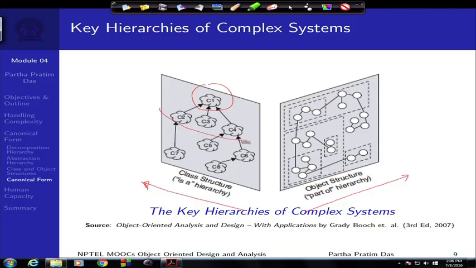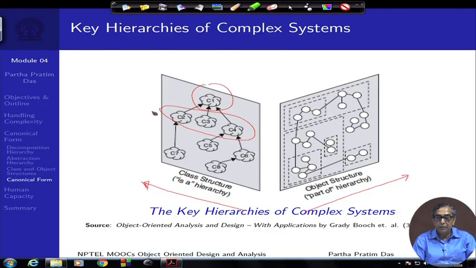Then there are some classes, concepts which are specializations of that. That is, the classes C2, C3, C4 are like C1, but something more. So, if C1 is CPU, C2 could be Pentium, C3 could be the Mac processor, C4 could be the DEC Alpha processor and so on.